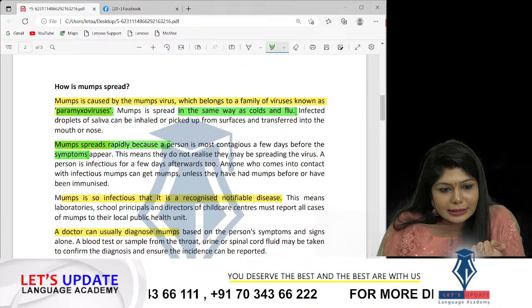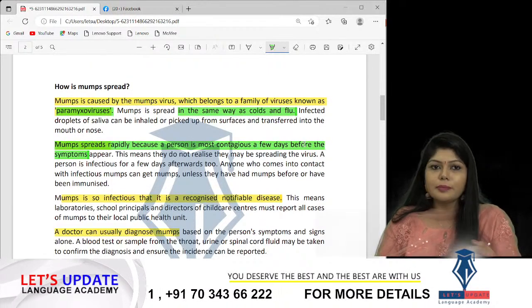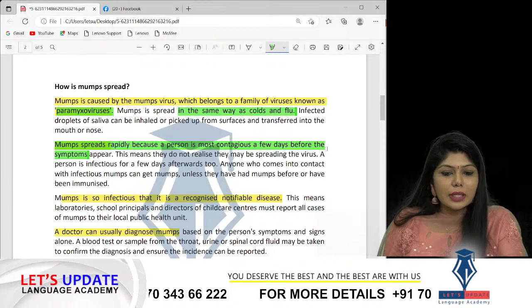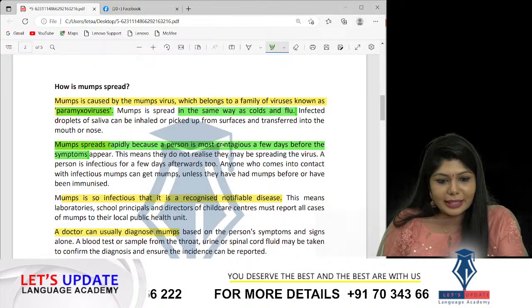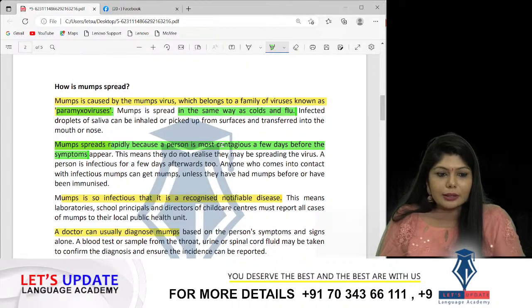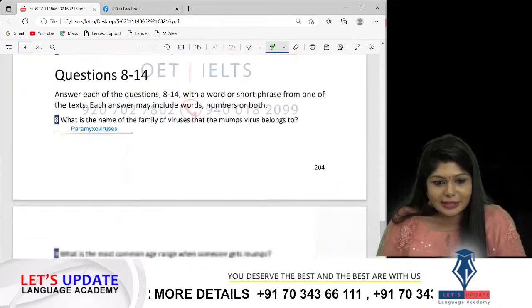This is the sentence, and the word is contagious. Most contagious a few days before the symptoms appear. Okay, so that is the answer. So I'll put in the answer over there.